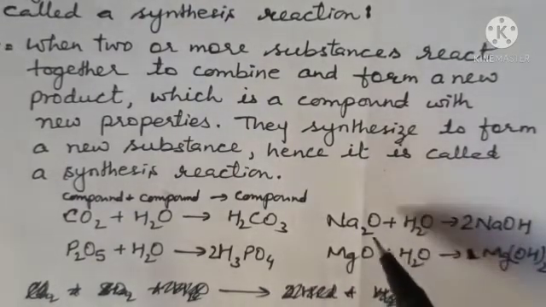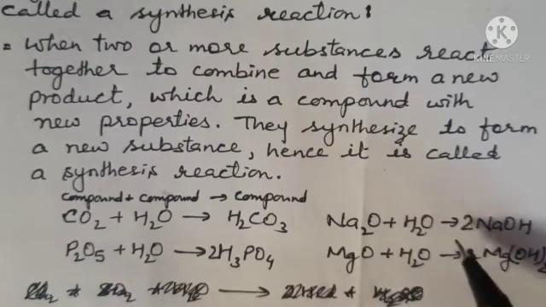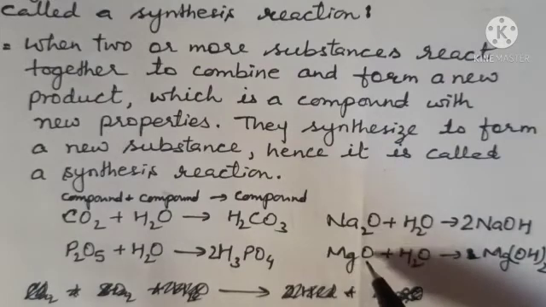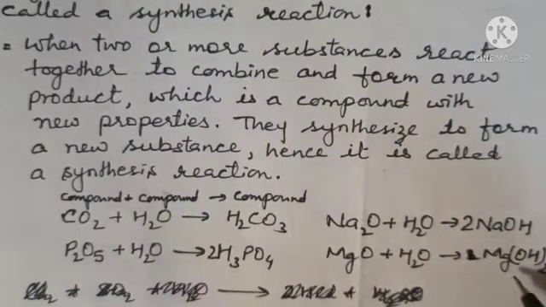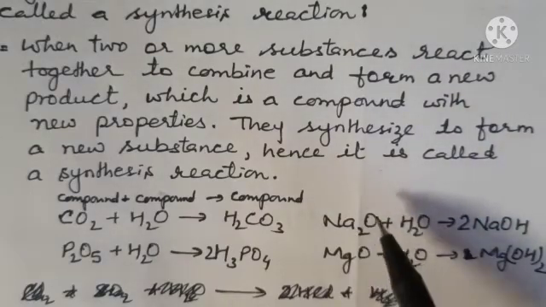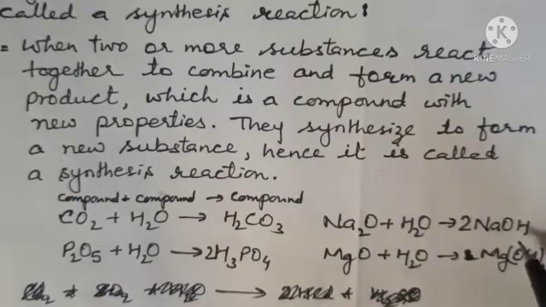Now come here: sodium oxide and water when they react give sodium hydroxide. In the same way, when magnesium oxide reacts with water, it gives magnesium hydroxide, right? Here also two compounds react together and give a new compound.